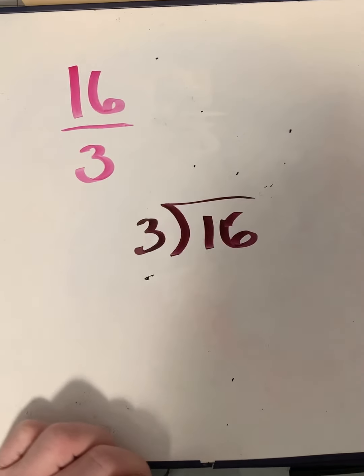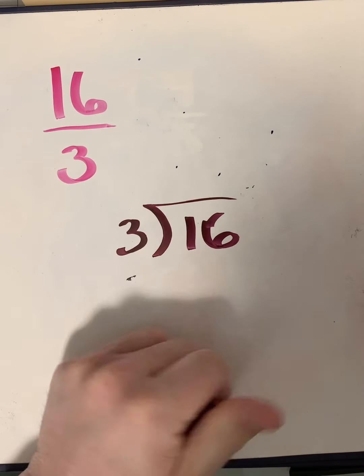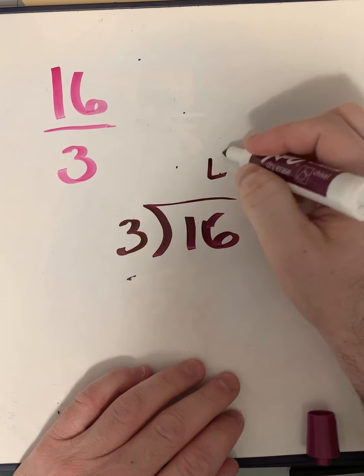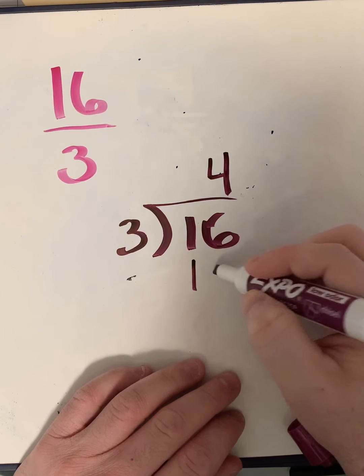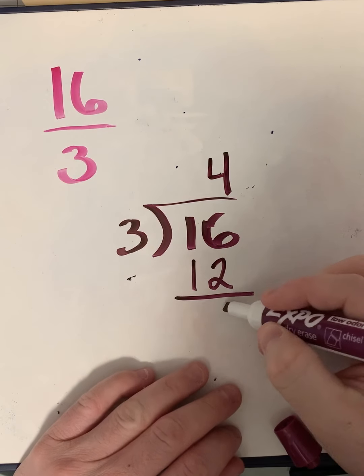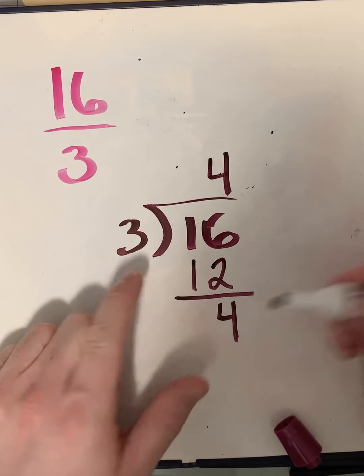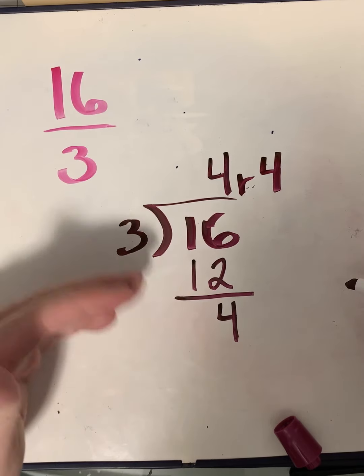So if I do that, I'm going to say how many 3's go into 16? Well, I know 3, 6, 9, 12. So that's 4. So I put a 4 in the ones column, and then I write down the number 12. And I bring this down, okay? It's 4 with a remainder of 4. Okay, so that's the long division way.